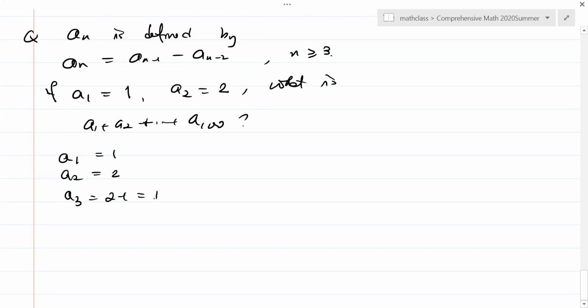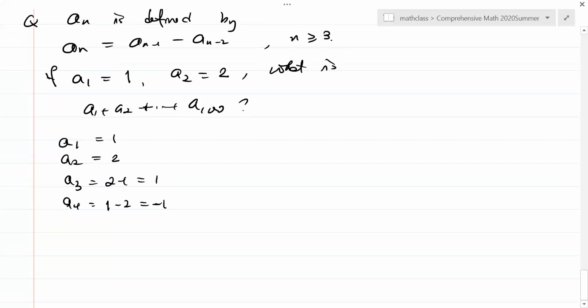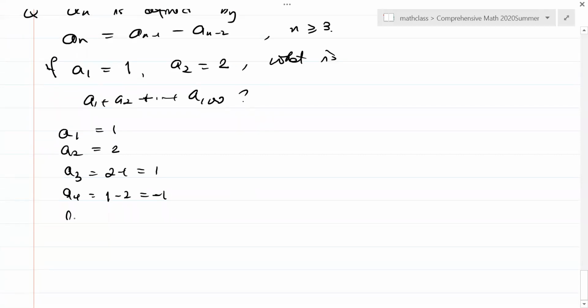It's repeated, right? a4 is going to be a3 minus a2, so 1 minus 2 is -1. Oh, that's different, right? So 1, 2, 1, -1.